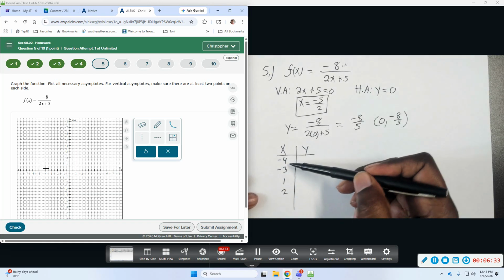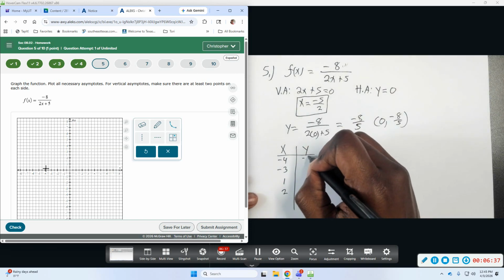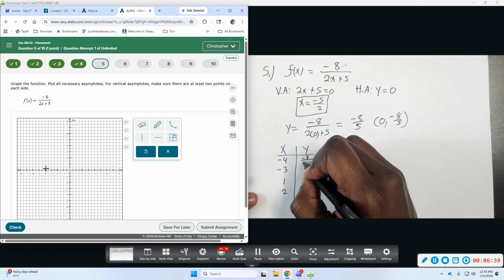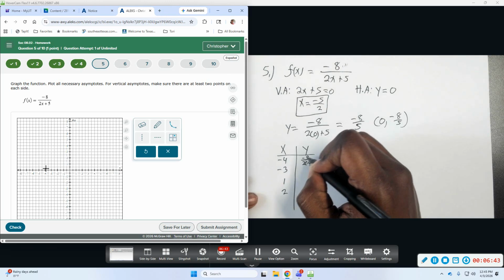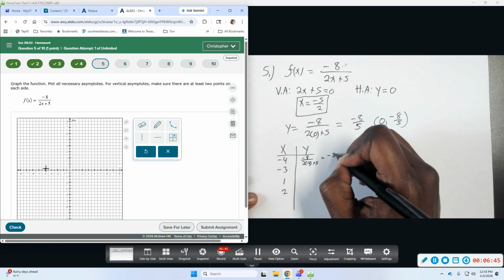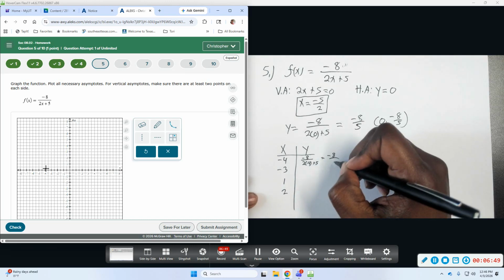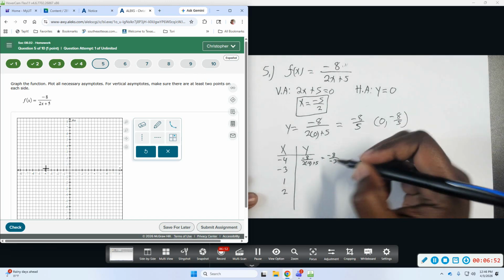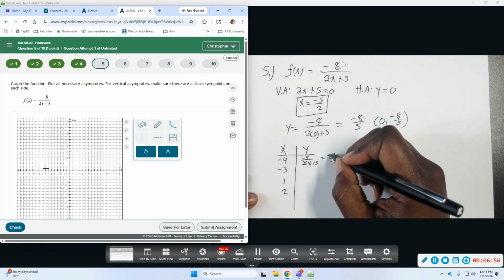So I'm going to do a little math. What we're doing is -8 over 2 times -4 plus 5. It's going to give us -8 over -8 plus 5 will give us a -3. And so that will give us negative over negative, which is a positive.